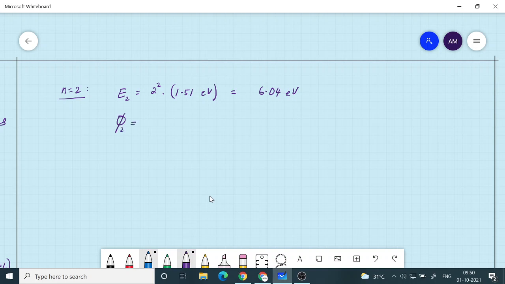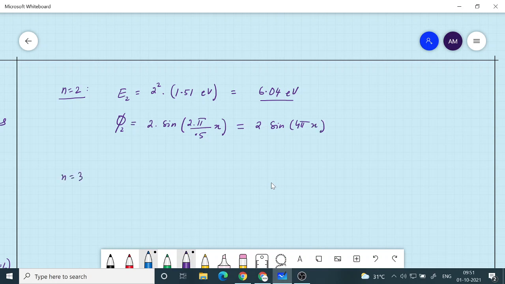Phi 2 is again square root of 2 by L, so that will be 2, and sine, and what is K2? K2 is basically 2 pi by L, which is 0.5 into x. Okay, so this is going to be our second eigenfunction, and the corresponding eigenvalue is 6.04. So you can also write it as 2 sine 4 pi x.